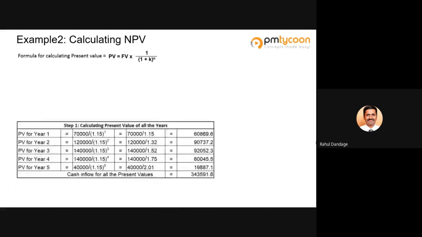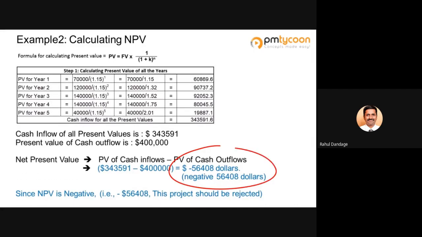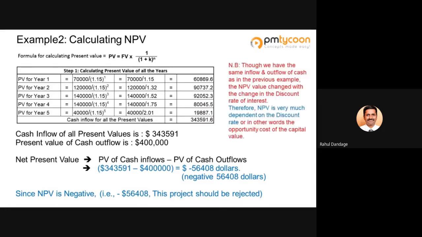If you plug in the numbers to the formula, the net present value comes up as negative $56,408, which means the project is not financially viable because we have a negative net present value here. So the key point to note here is when we used the discount rate as 8%, we got the positive net present value. And when we used the discount rate as 15%, we got the negative net present value. So what does it mean?